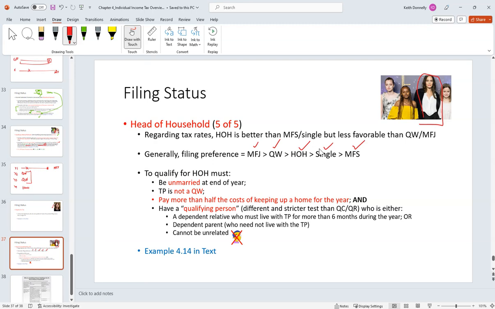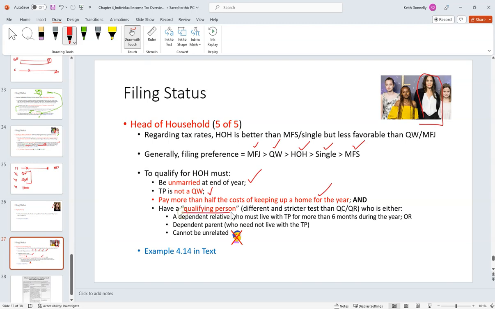To qualify for head of household, which is essentially a single parent or somebody who's single that's taking care of another, you're the head of a household. You have to, 1, be unmarried at the end of the year. If you remember that abandoned spouse, we're going to treat you as unmarried to file head of household. 2, you can't be a qualifying widower. 3, you must pay more than half of the cost of keeping up a home for the year.